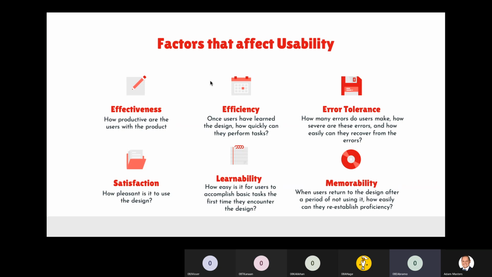Satisfaction, how pleasant is it to use the design? Learnability, how easy is it for users to accomplish basic tasks the first time they encounter the design? And finally, memorability, which is when users return to the design after a long period of time, how easily can they reestablish proficiency?